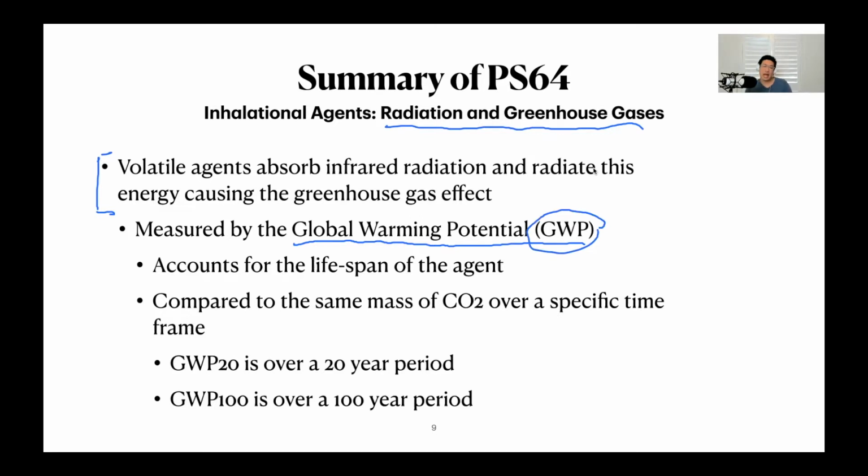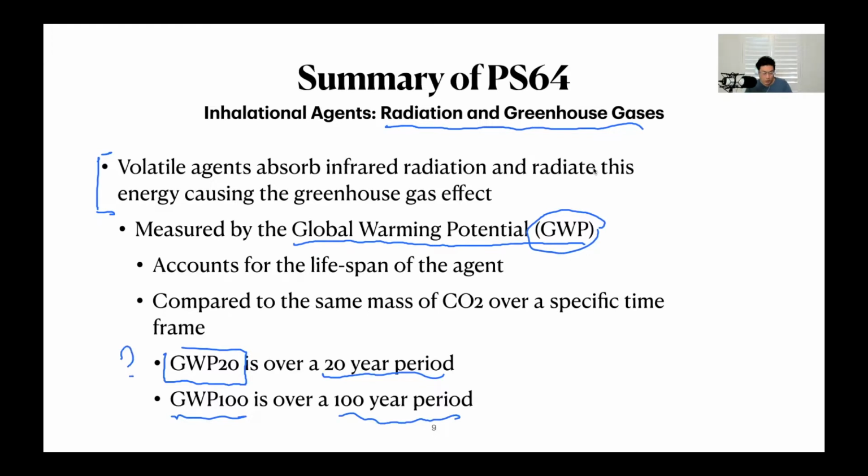And this accounts for the lifespan of the agent, and it compares it to the same mass of carbon dioxide over a specific time period. So you'll see different numbers produced. So you see GWP 20, which is the global warming potential of that agent compared to CO2 over a 20-year period. And same with GWP 100, it's over a 100-year period.